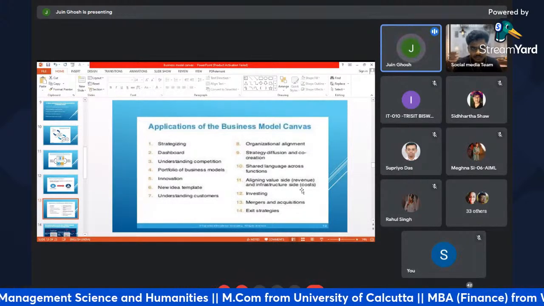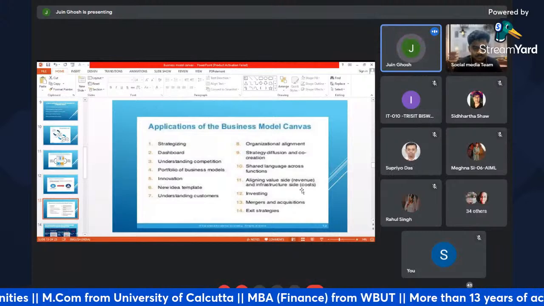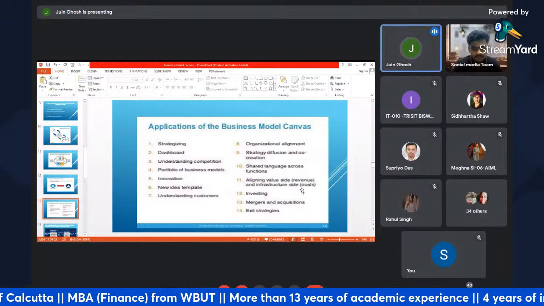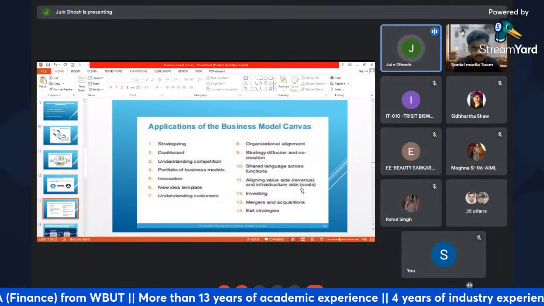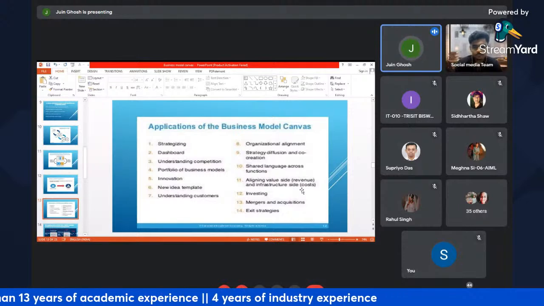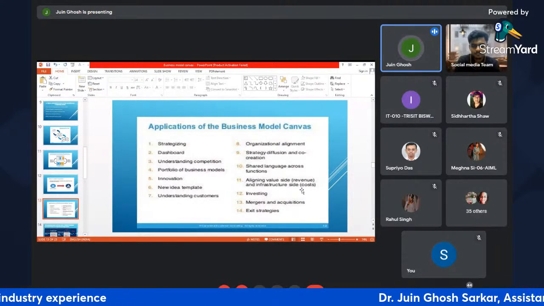But in general, when we are developing a business in the preliminary years, that is, in the initial days when a person is starting up a new company, the initial days are not that flowery. At the initial stage, you need to invest a lot, right? You need to develop the total infrastructure.